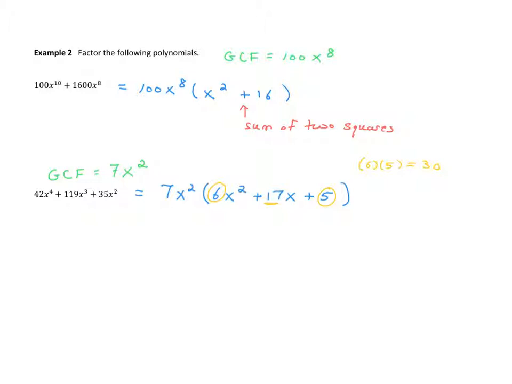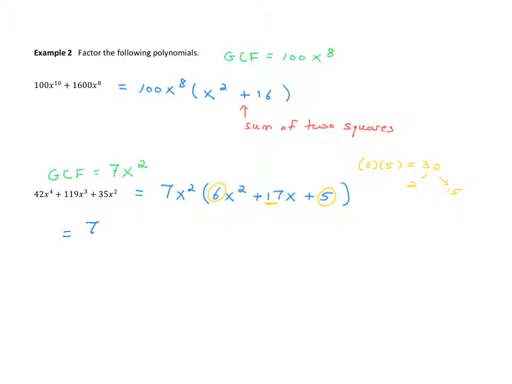Well, actually that's not too hard to guess. That's a 2 and a 15. The product of 2 and 15 is 30, the sum is 17. I'm going to use these numbers to factor apart this trinomial. What I'm going to do is take 17x, break it apart into a 2x and a 15x, and use a factor by grouping approach on those four terms. Let's write that out.